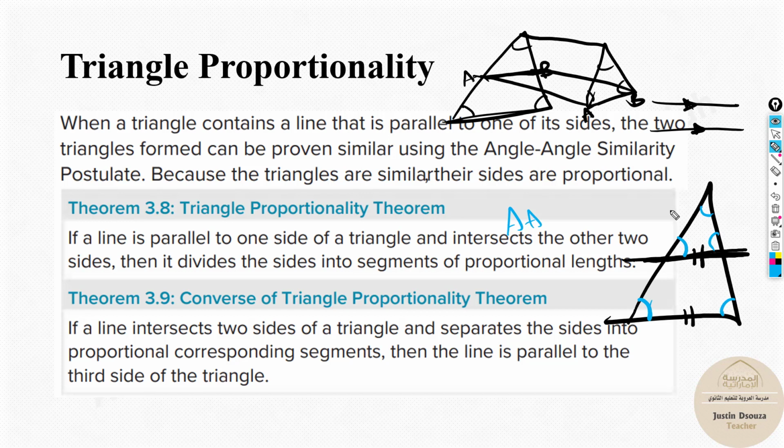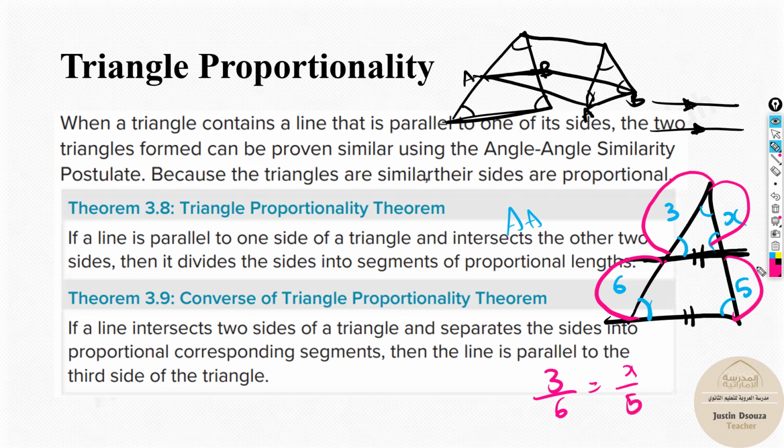So if I know this is 3 and this is 6, and I don't know what this x is, and this is 5, I can easily find it. Why? Because this will be proportional. This side, 3, divided by this side, 6, is equal to this side, x by 5.